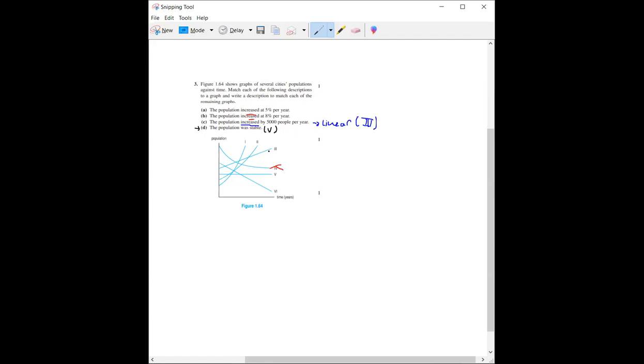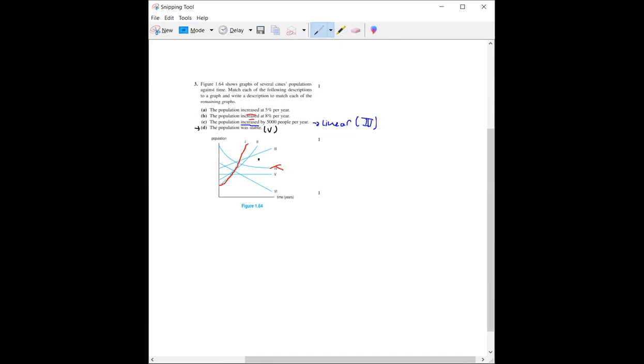So exactly. A is 2 because it's a lower slope. 1 will be B because it's a higher percentage. The question is, how fast are these growing?